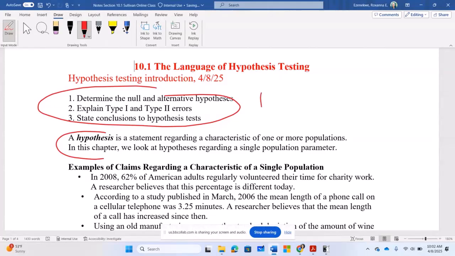Just a quick reminder, big P is population proportion. P hat is sample proportion. So this is a statistic.